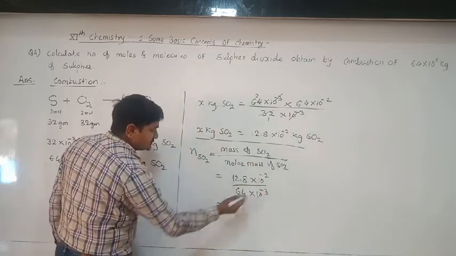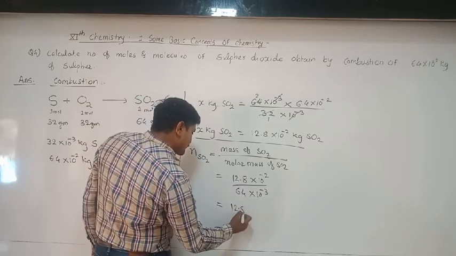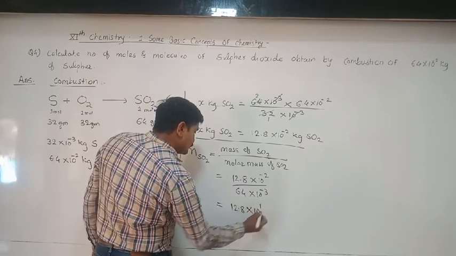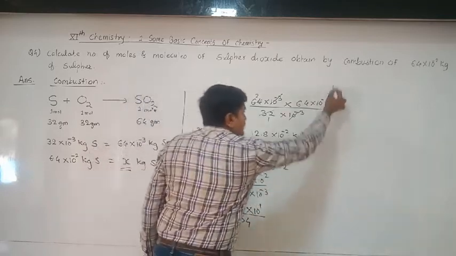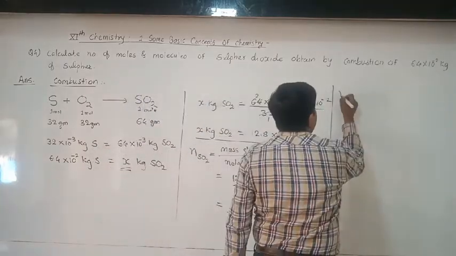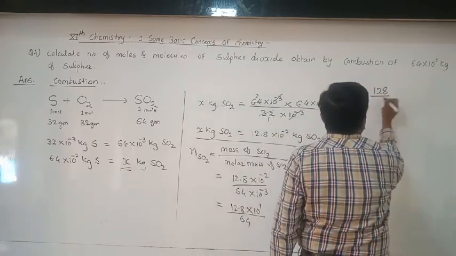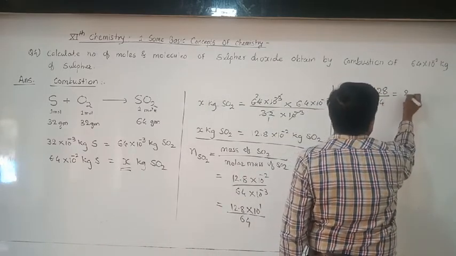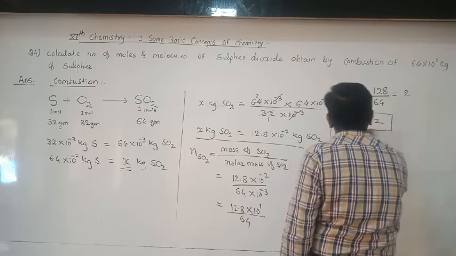Now take 10 raised to minus 3 upwards. So it is 12.8 into 10 raised to 1. When I calculate it, I get number of moles of SO2 equal to 128 upon 64, which is equal to 2. So number of moles of SO2 is equal to 2.